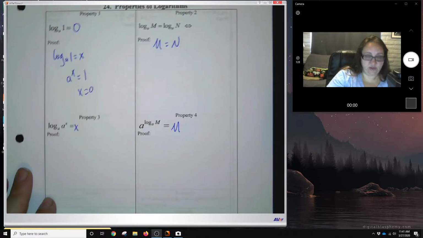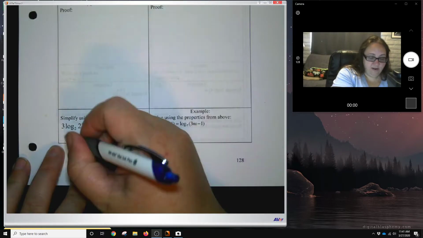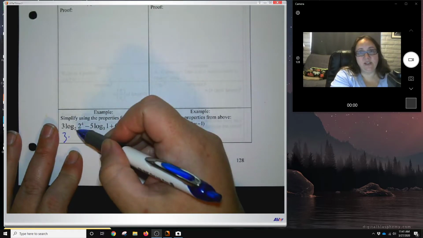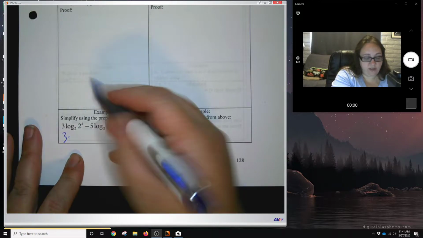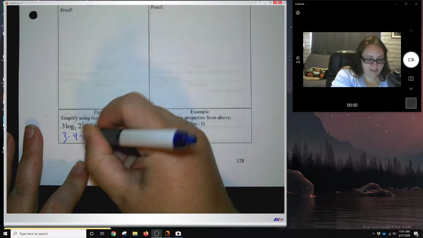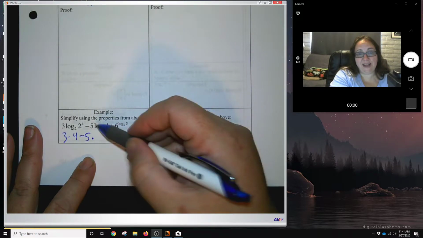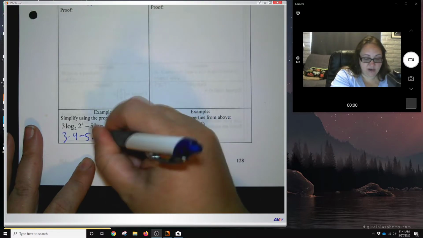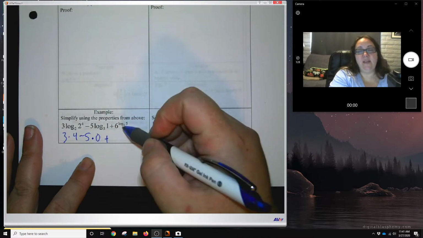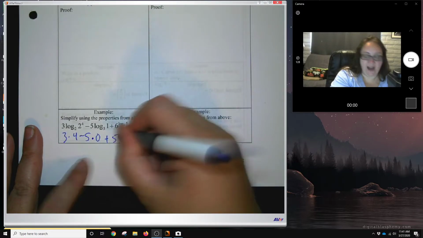Okay, so using some of those properties, here, log base 2 of 2 to the 4th is just 4. Minus 5 times log base 3 of 1, well, log base anything of 1 is 0. And then 6 to the log base 6 of 5 is just 5.